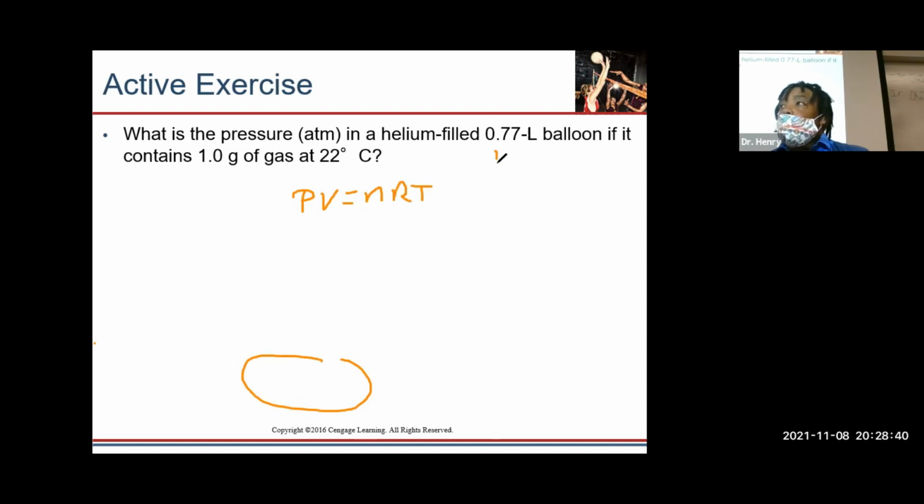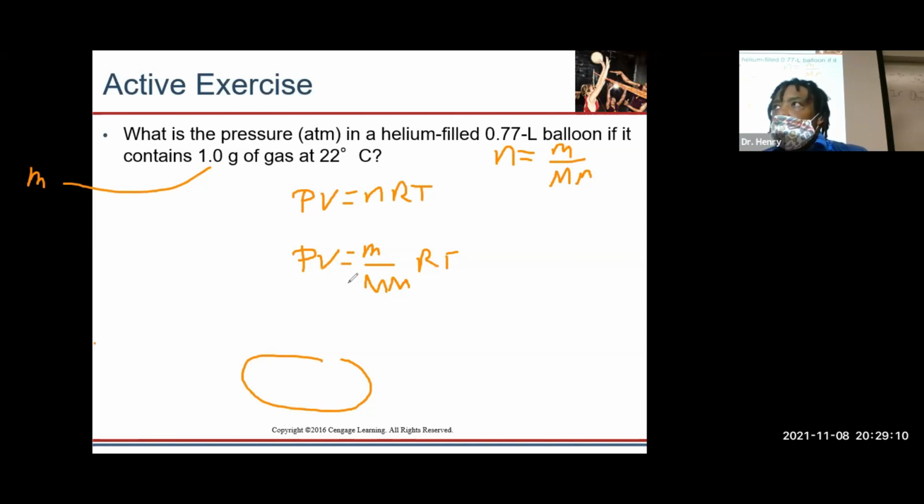Well, we know that n, number of moles, is going to equal mass divided by molar mass. So we substitute that in here. So we get PV equals mass divided by molar mass, RT. So we're given mass, that's going to be our m.